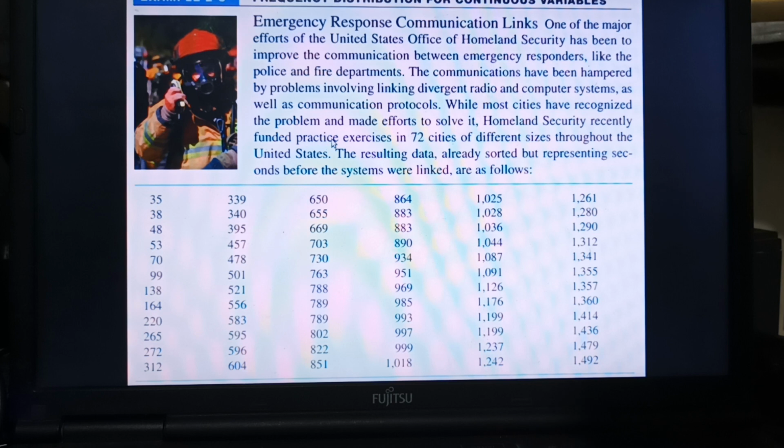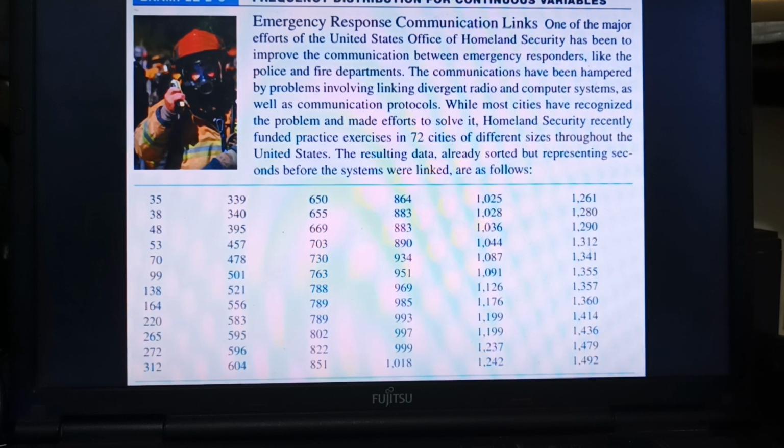Now, we have an example here, the emergency response communication links. Emergency response. We have here our disaster risk reduction management. I think it's now everywhere in every LGU. It is the agency of the government responsible to respond quickly to emergencies in case of disasters.